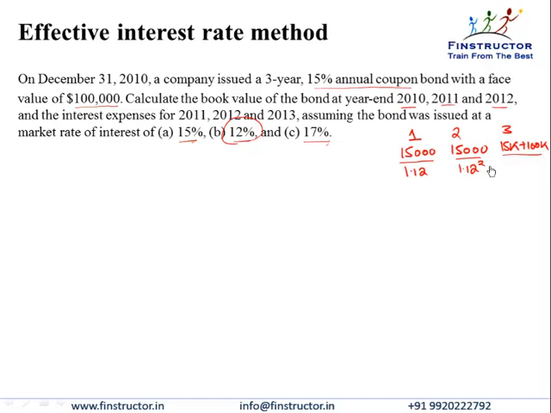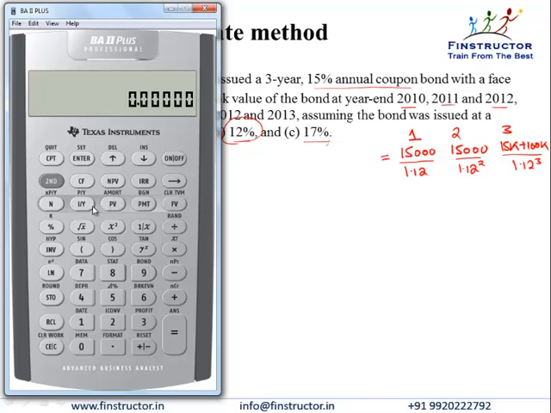It will be the discounted back value of the cash flows. So we can use the TVM sheet to calculate the price of the bond. It's a 3-year bond, so N will be 3. 12% is the market rate of interest, so I/Y is 12. PV you can ignore, we want to calculate this. A recurring payment of $15,000 at the end of each period, and a principal repayment additionally of $100,000 at maturity.